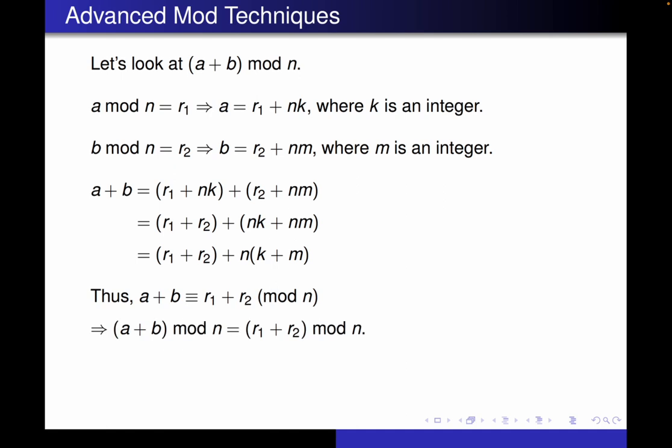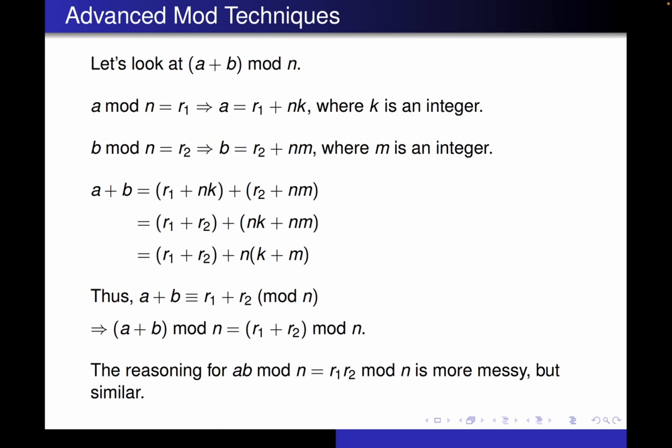So a plus b mod n is exactly the same as r1 plus r2 mod n. If you do almost the exact same computation for a times b mod n, you get a very similar situation where you end up with r1 times r2 mod n. I encourage you to try it. If you don't want to, you don't have to, but seriously, you should try it.